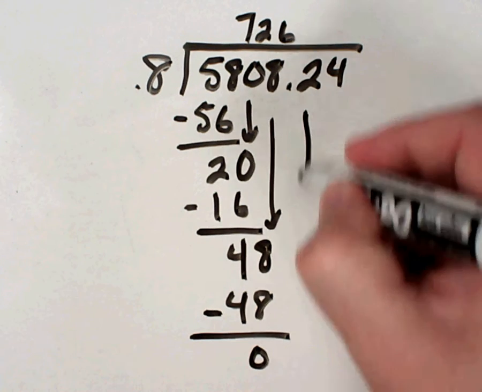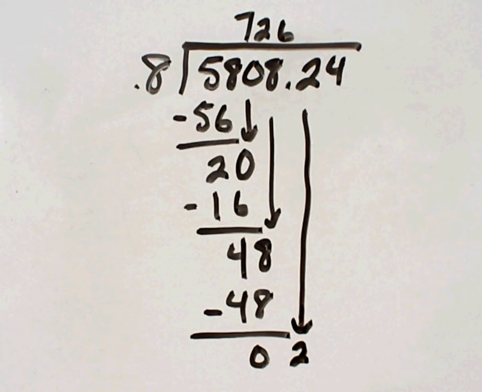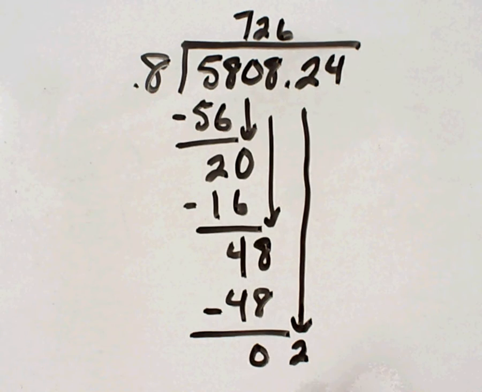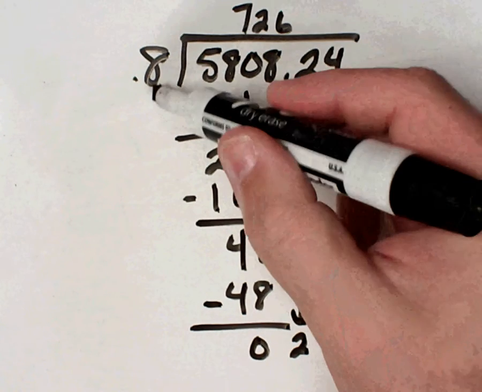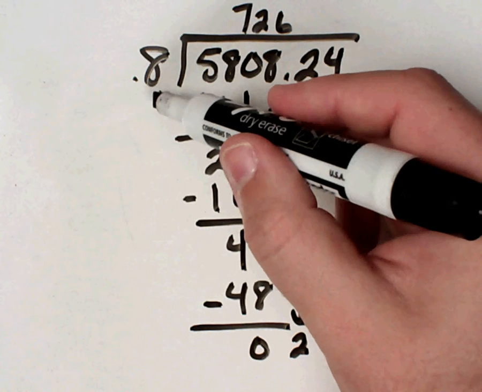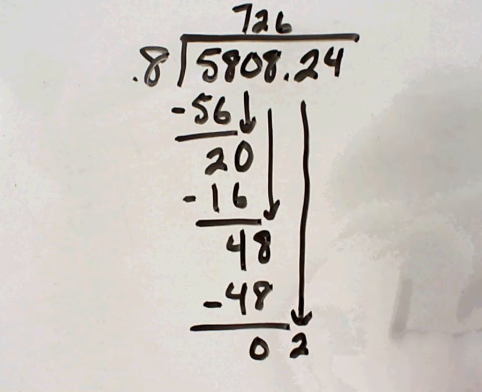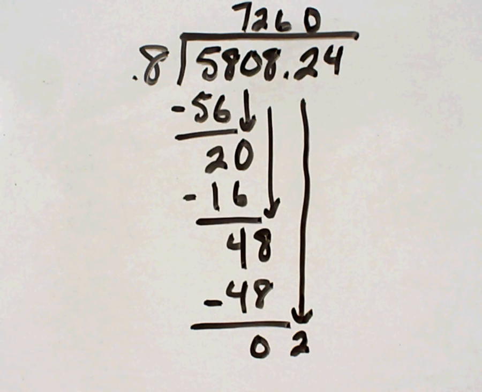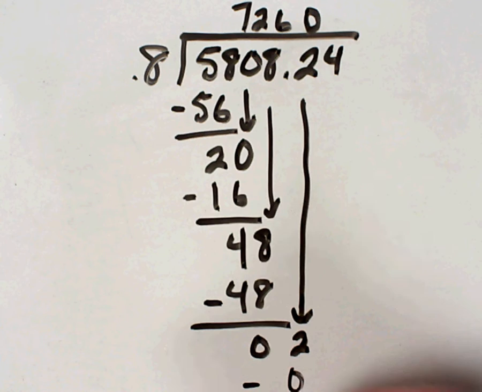Now this is an interesting spot, and I'm kind of glad that I ran into one of these in the practice set. We've done this before, and I know you've seen this before, but just as a refresher, because I know some of you had some questions on this: if I get to a point, whether it's a single digit or double digit, where my divisor will not go into the number that I'm currently dividing, then all I simply do is put a 0 there. Now, if you want to go through the steps of the process, you can. 0 times 8 gives me 0, and then I do my subtraction.